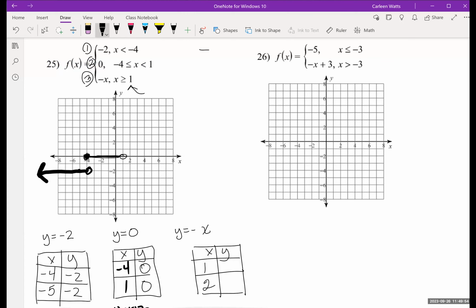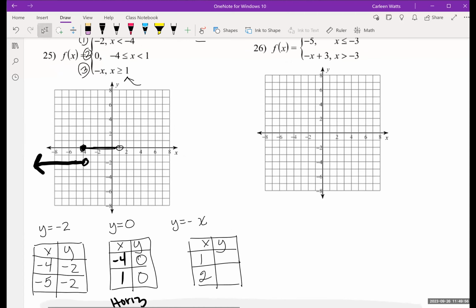Okay, y equals negative x. Plug 1 in and I get y is negative 1. Plug 2 in and I get y is negative 2. 1, negative 1. 2, negative 2.